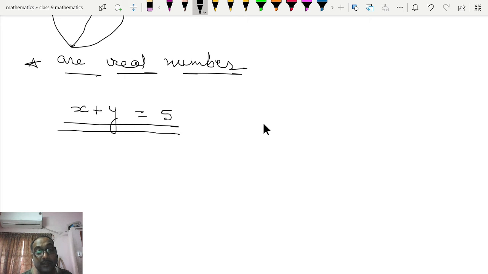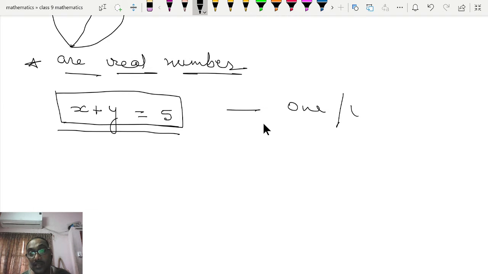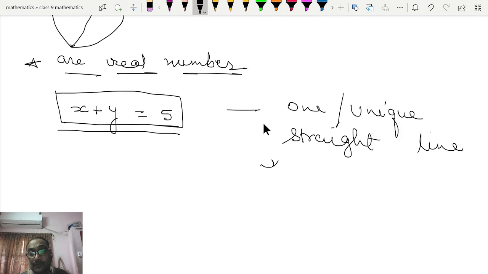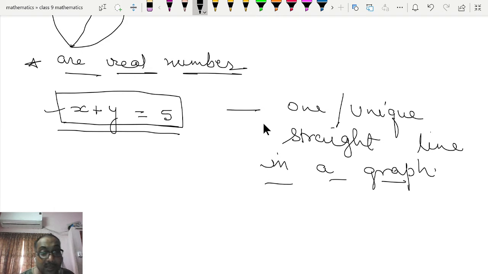In coordinate geometry, we have seen that when we plot a graph of this equation, we get one unique straight line in a graph. So coordinate geometry has almost 50% of this chapter. Again we are discussing how to find the value of x and y.